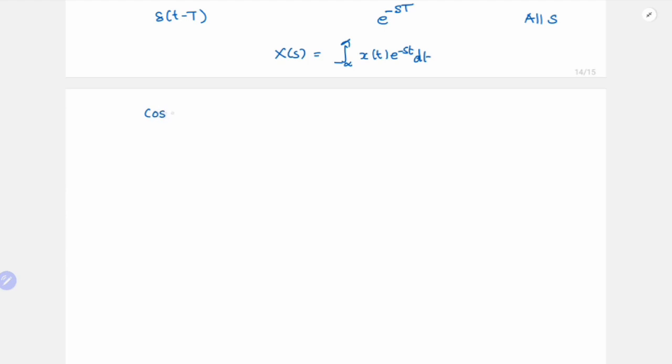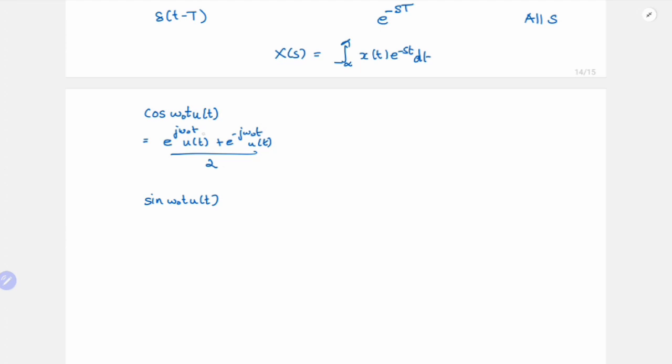And these are really very important: cos omega naught t u of t and sin omega naught t u of t. Cosine is nothing but e power j omega naught t u of t plus e power minus j omega naught t u of t, by 2.